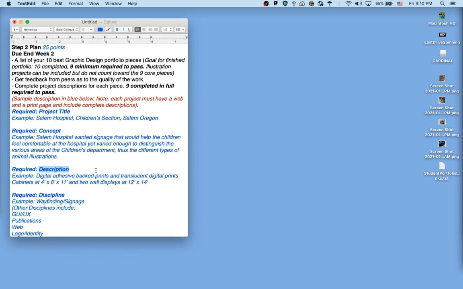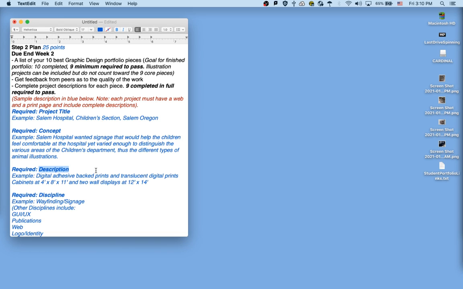Was it a responsive website that would work on tablet, smartphone, and computer? Was it a 150 page book that was 4 inches by 7 and printed in 100-pound paper in 3 inks?